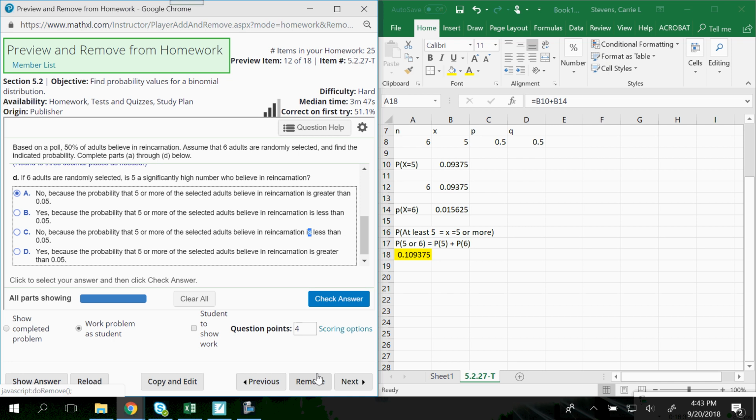I was thinking of another type of homework question you'll probably run into, where the distinction is: are you looking at the probability of exactly 5 successes to determine if it's significantly high, or should you be looking at the probability of 5 or more?